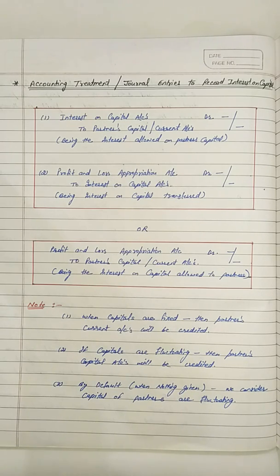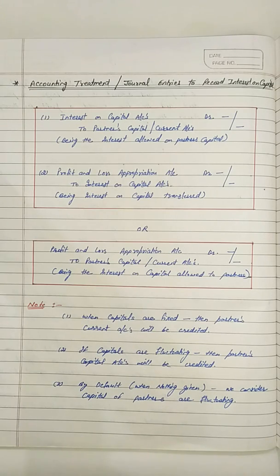First, interest on capital account debit to partners' capital or current account. Capital account we can use when capitals are fluctuating, meaning there is change in capital during the year. Current account will be used only when capitals are fixed. In case of fixed capital, we prepare two accounts, that is capital account and partners' current account.